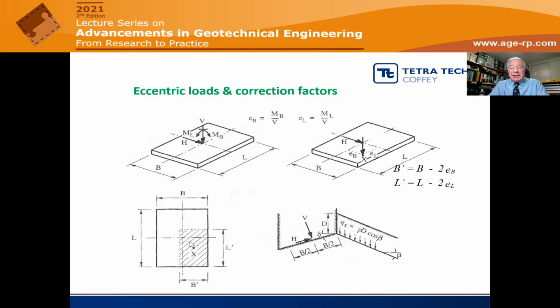And for example, for eccentricity, one of the simple things we do, and surprisingly, we've checked it out with more sophisticated analysis, and it works out quite well. If you've got bending moments in 2 directions so that you have a vertical load that effectively has eccentricity in both directions, you can handle that by looking at a reduced area where the vertical load is at the centroid of that reduced area.